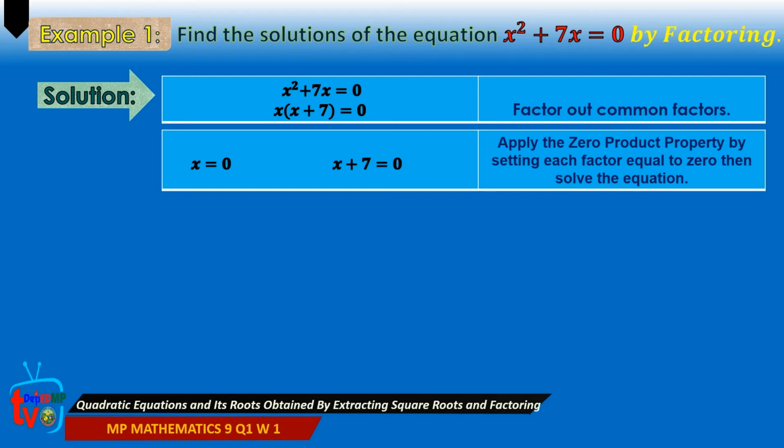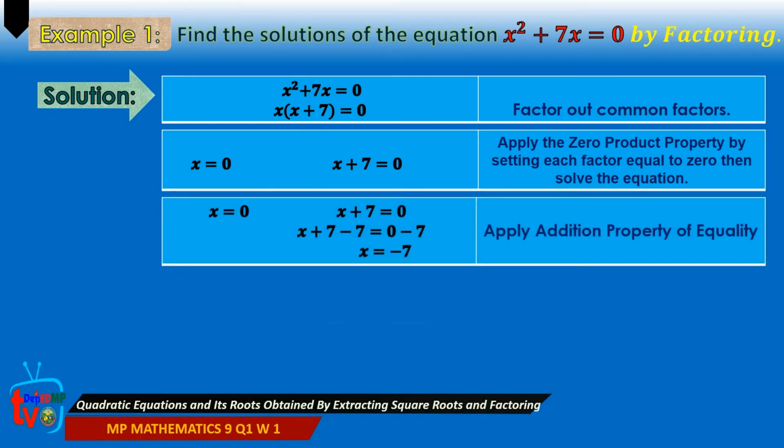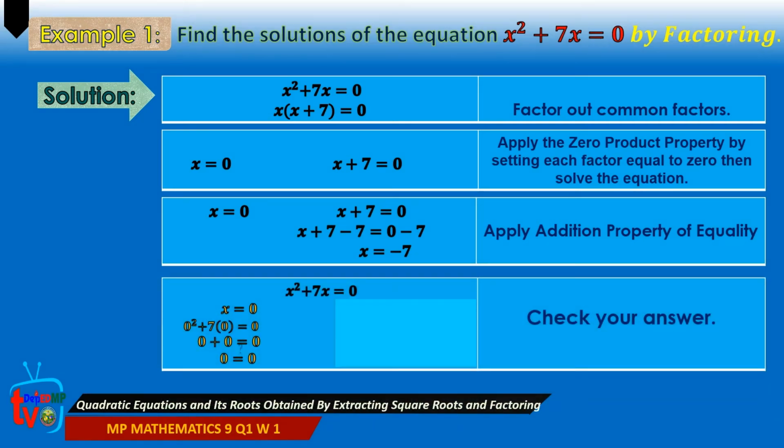We equate it to 0, so we have x plus 7 is equal to 0. And then, in this equation, we are going to apply the addition property of equality. So we add negative 7 to both sides of the equation, and we will have the value of x to be negative 7. Next, we are going to check our answers.